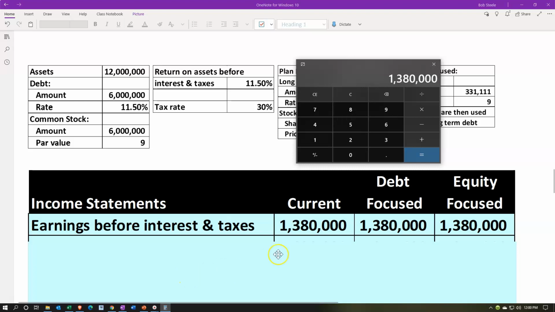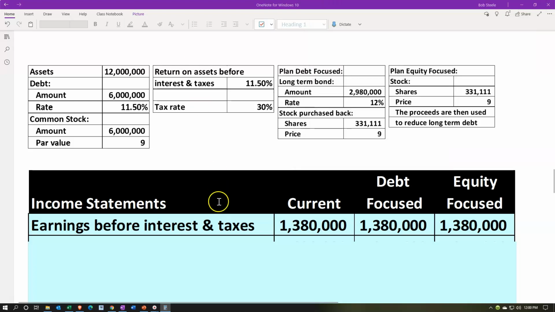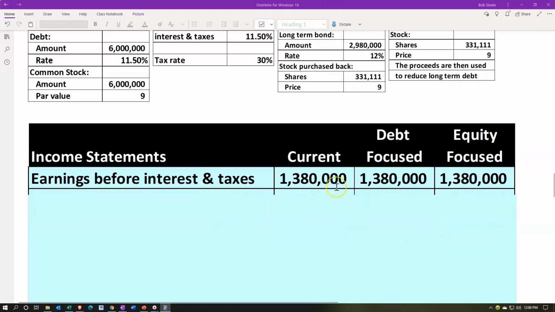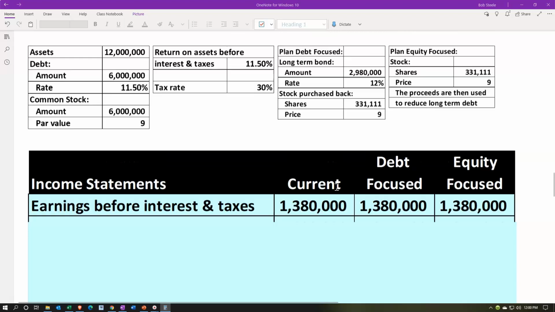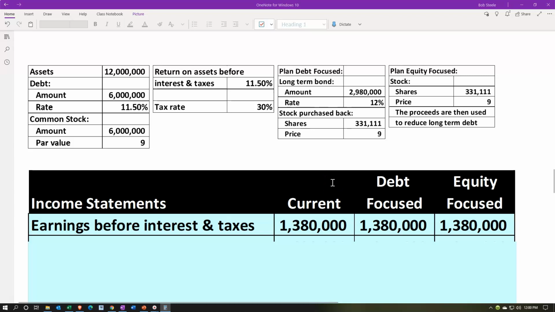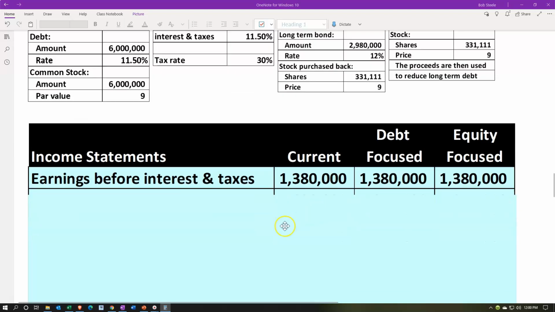That's going to be the 1,380,000 that we're going to receive. That's the same whether we have the current plan, the debt plan, or the equity plan. We're not increasing the assets and therefore not increasing our return on them. We're simply refinancing between the debt and the equity.